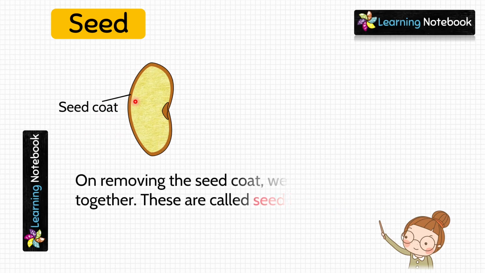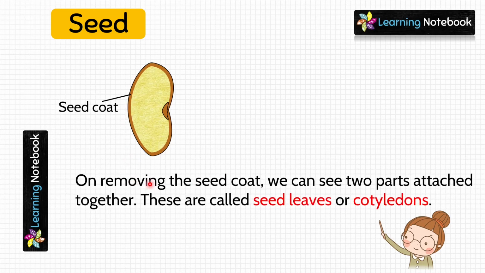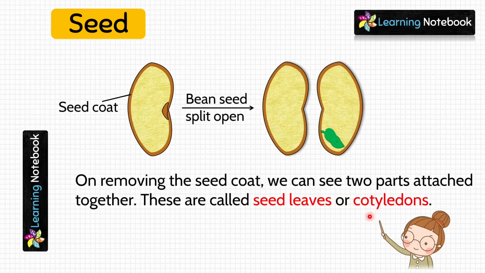Next, on removing this seed coat, we can see two parts attached together. These are called seed leaves or cotyledons. Like here, when we remove the seed coat, we can see there are two parts attached together.